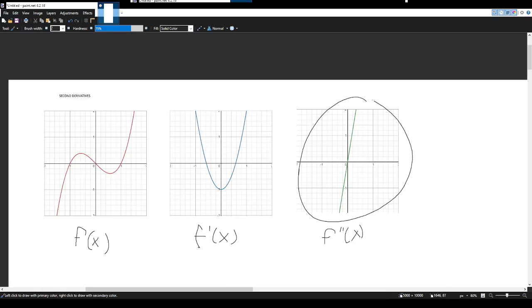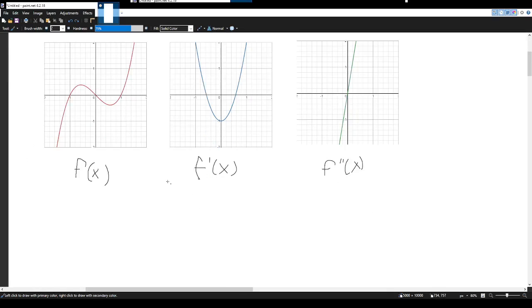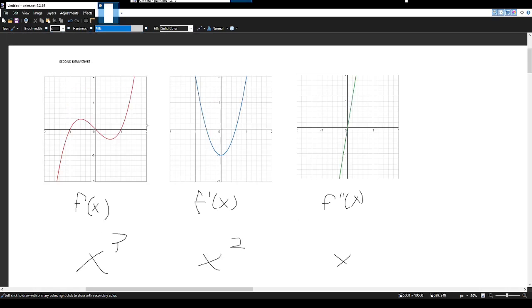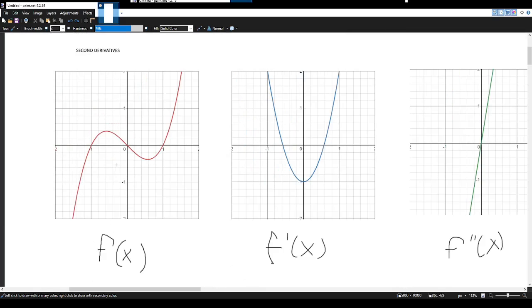So that means that this is our second derivative of this. So first thing you notice is that this is an x to the third function, this is an x squared function, this is an x function, which makes sense because in the past video we saw it goes down by 1 every time, right? So that's kind of the relationship. It goes down 1, goes down 2, and then of course if you had a third derivative, it would go down 3.